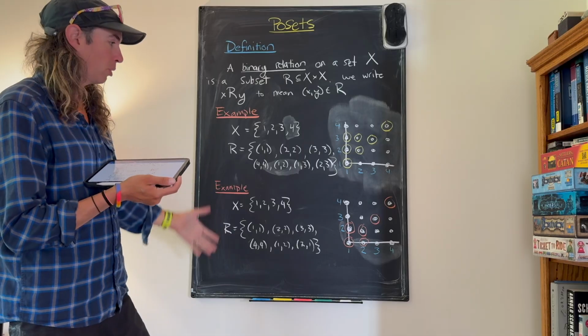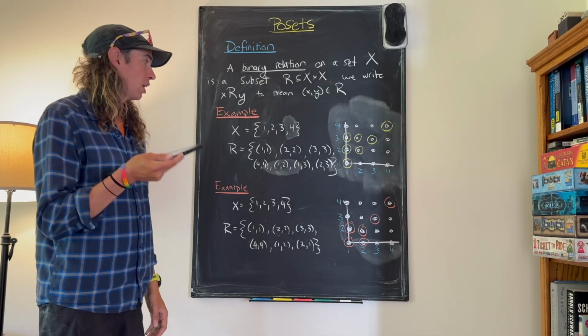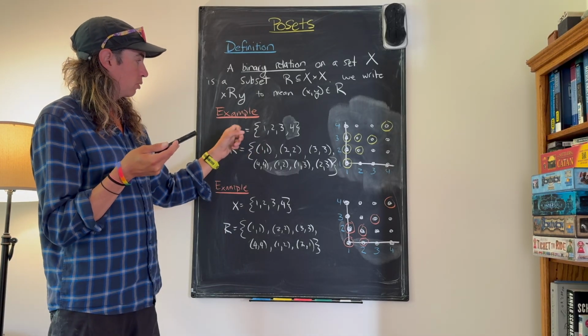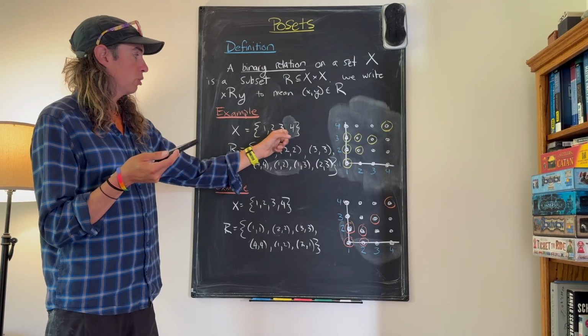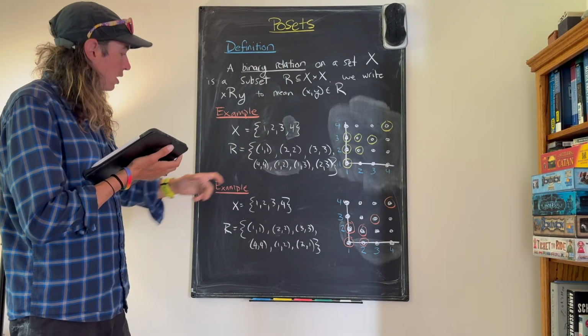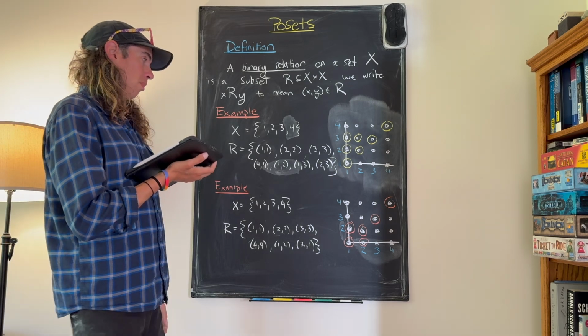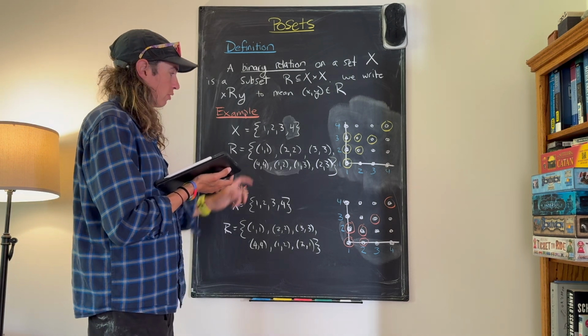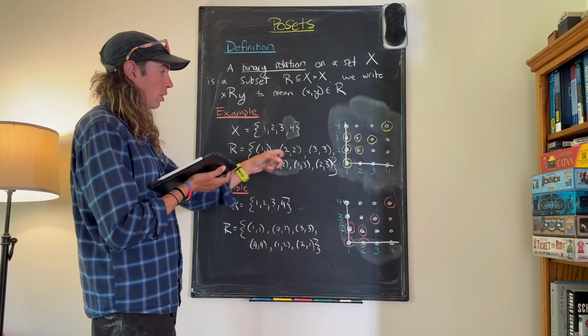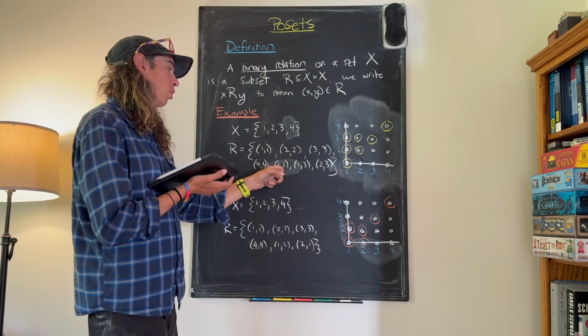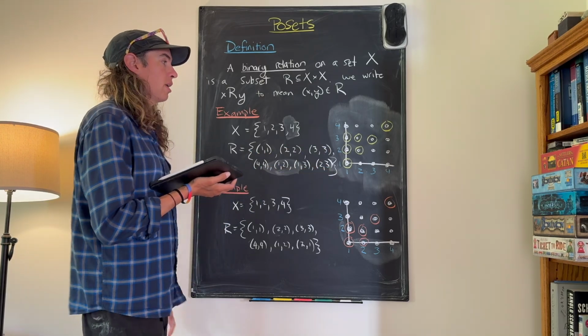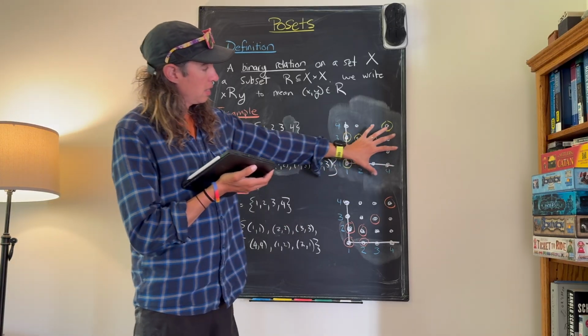So let's give some examples. Here are two examples of binary relations, both on the set X, which consists of the numbers 1, 2, 3, and 4. Here the binary relation consists of the pairs (1,1), (2,2), (3,3), (4,4), (1,2), (1,3), and (2,3).